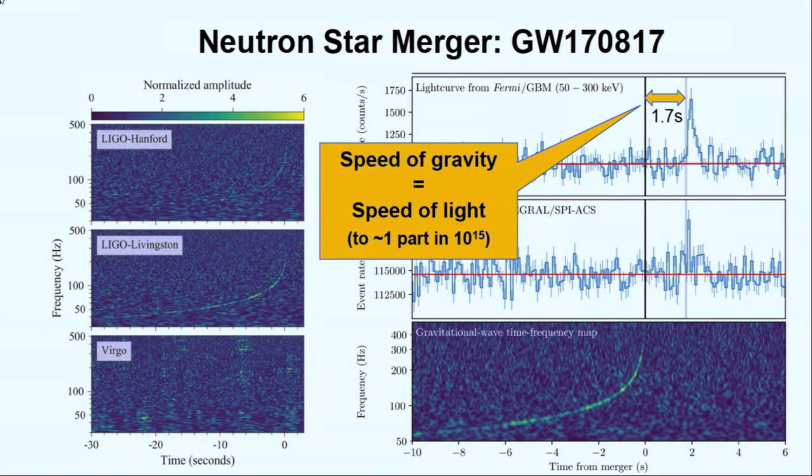You can also make a constraint on the weak equivalence principle, because strictly speaking, of course, these two things also have to travel along the exact same path. The Shapiro delay is estimated to be about 1 year in this signal. So the weak equivalence principle has been verified to 1 part in 10 to the 7.